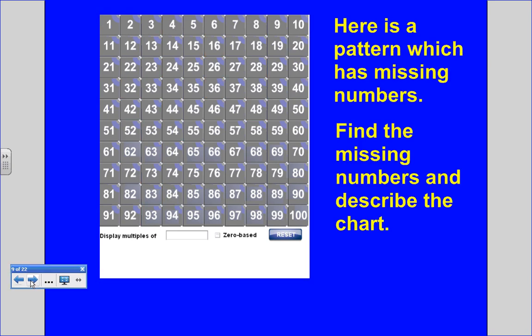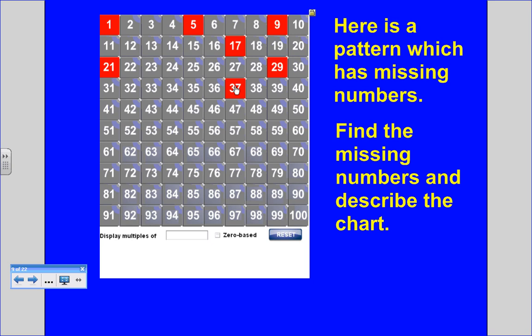So let's try. I'm going to now give you a pattern that has some missing numbers in it. So now you have to use your detective skills and see if you can tell me what the missing numbers are. So now we think, okay, 1 and 5 and 9 and 17 and 21 and 29 and 37.